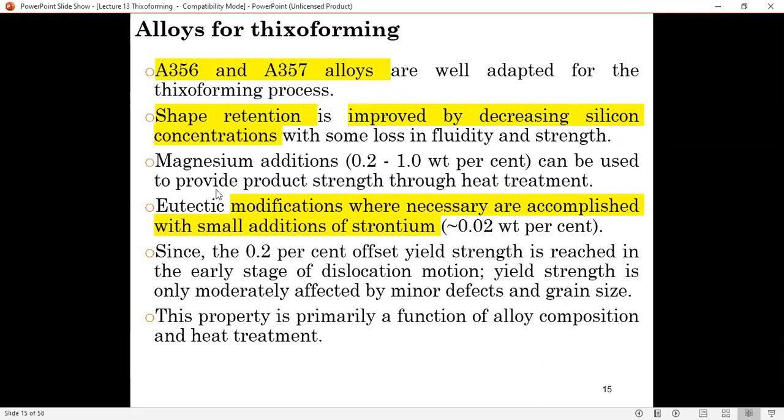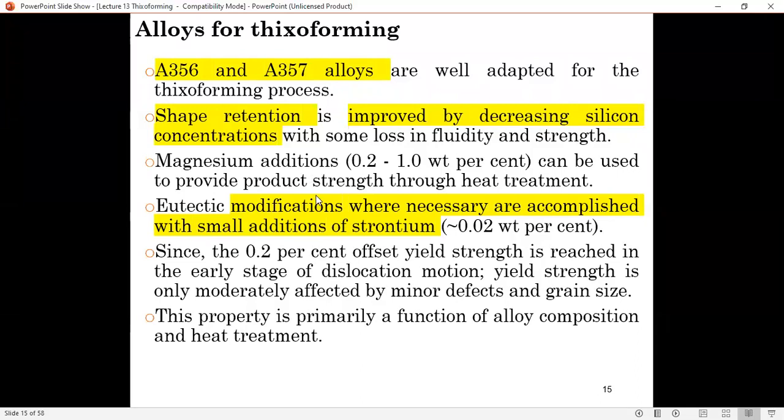For example, the shape retention is improved by decreasing the silicon concentration with some loss in fluidity and strength. So in an aluminum alloy, if you want to increase the viscosity, then you put silicon. If you put silicon, then the viscosity will increase, but the strength will decrease.